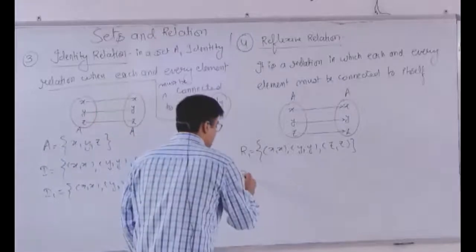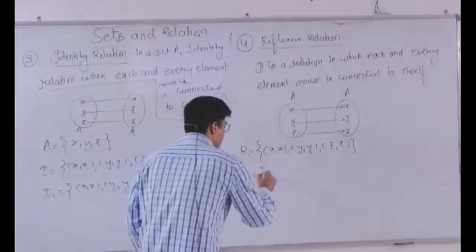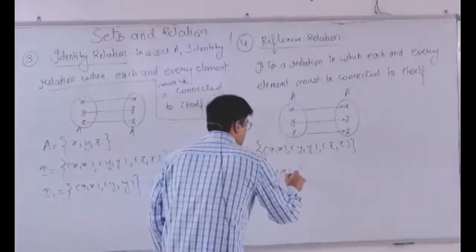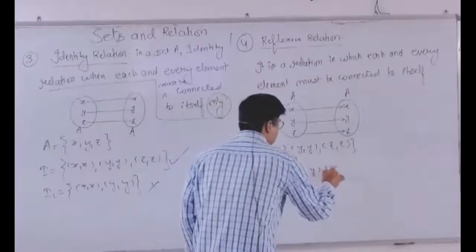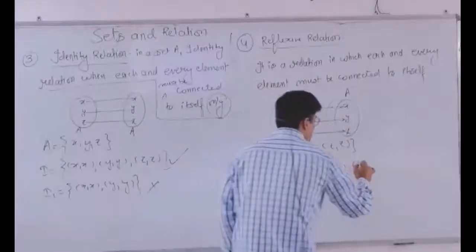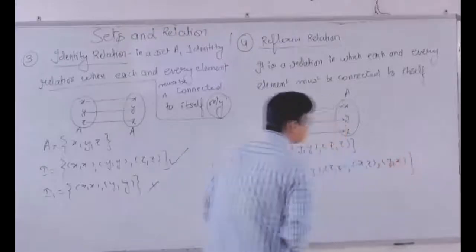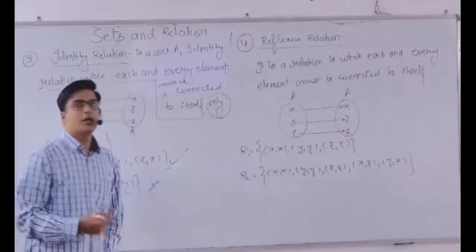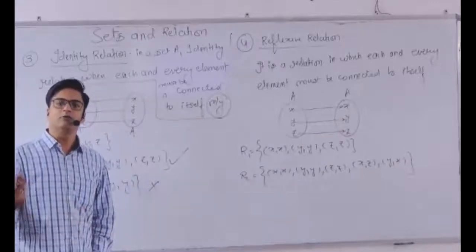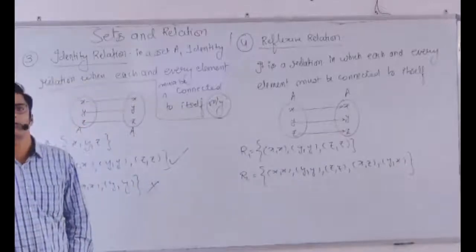If I define R2, X comma X, Y comma Y, Z comma Z, let's say X comma Z, Y comma X, R1 and R2, which one is your reflexive relation?